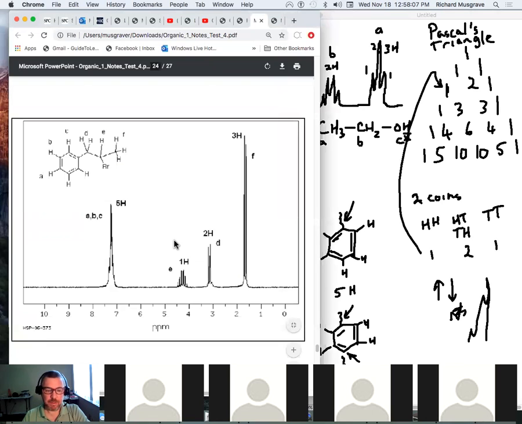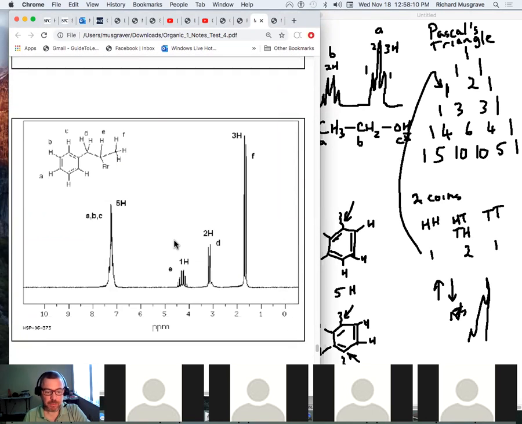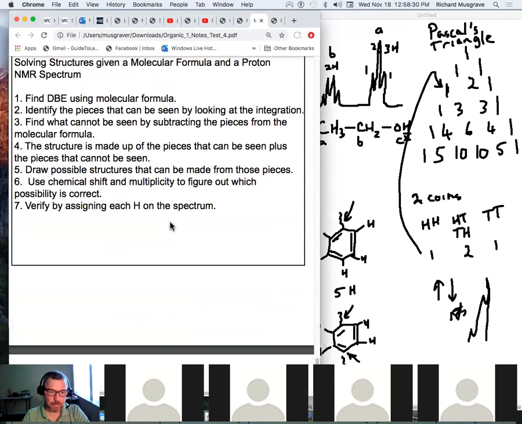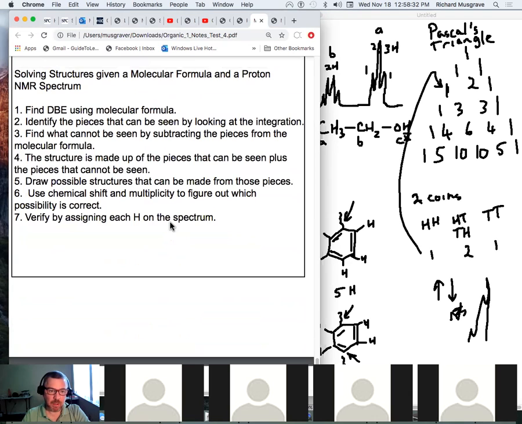All right, any other questions? So those 3 concepts that we just dealt with, chemical shift, integration, multiplicity, those form the foundation of interpreting NMR spectra. So how do we solve structures?